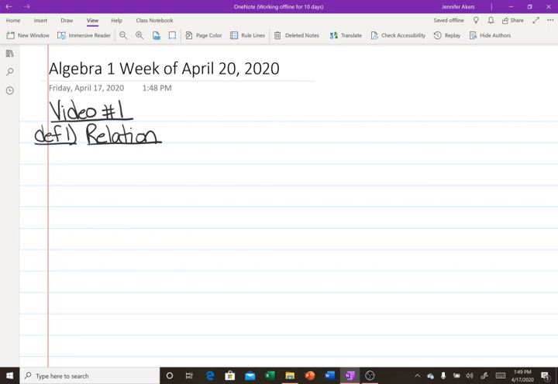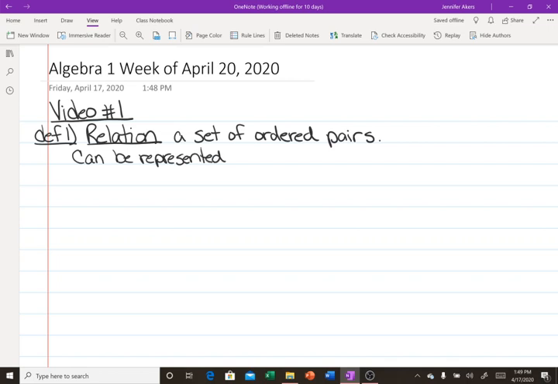A relation is a set of ordered pairs. So a relation can be represented by a table, a graph, a list of the x's and the y's.